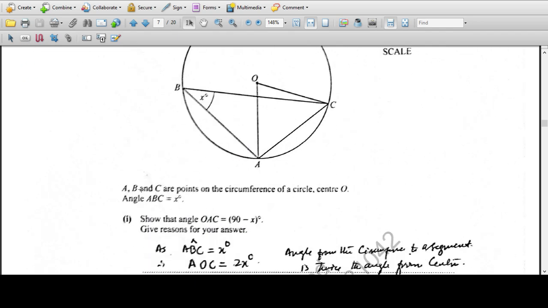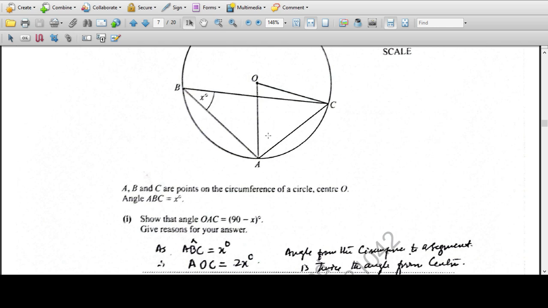So here A, B and C are the points on the circumference of a circle, and O is the center of the circle, and angle ABC is given as x degrees. Show that the angle OAC is equal to 90.